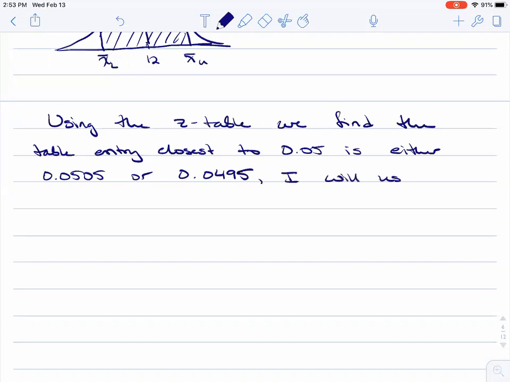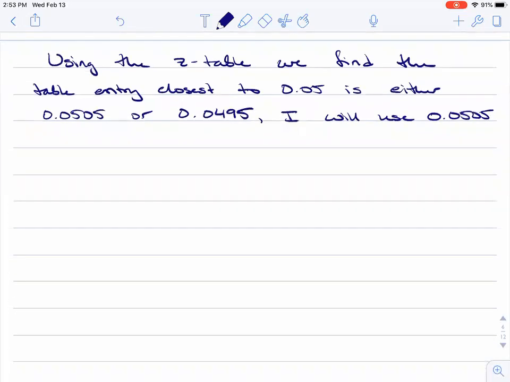I will use 0.0505. Why not? It's the first one. Which corresponds to Z equal to negative 1.64.